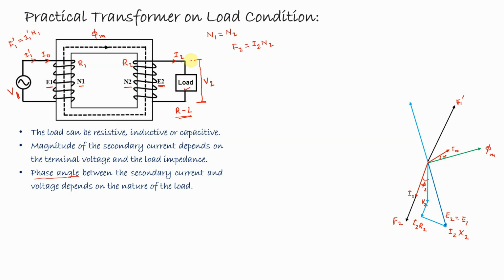So it can be seen that as the load is connected across the secondary winding of the transformer, the primary current will be automatically increased. That means I1 dash will now start to flow. If the load is gradually increasing, I2 will be increasing, and corresponding I1 dash will also be increasing in the same proportion. Therefore, the I1 dash will be produced in the primary side.